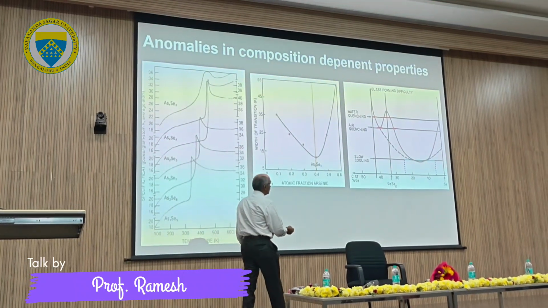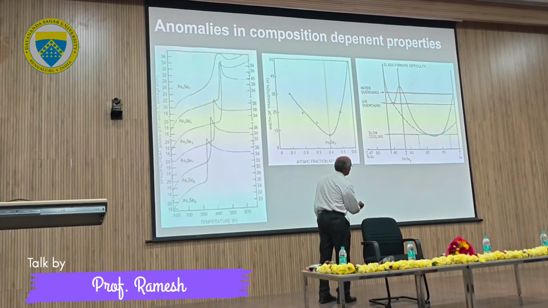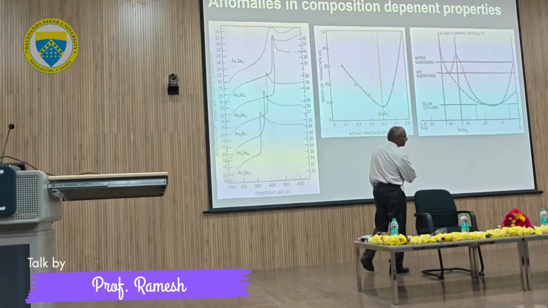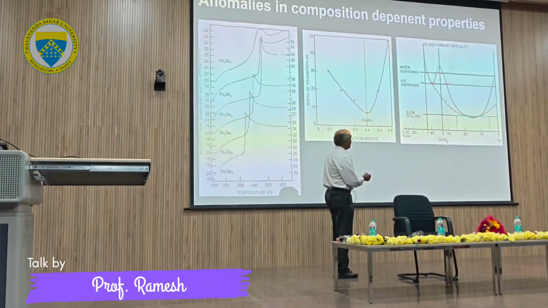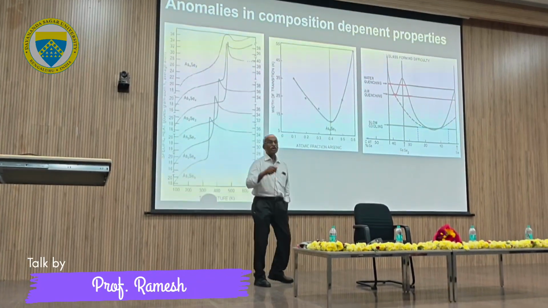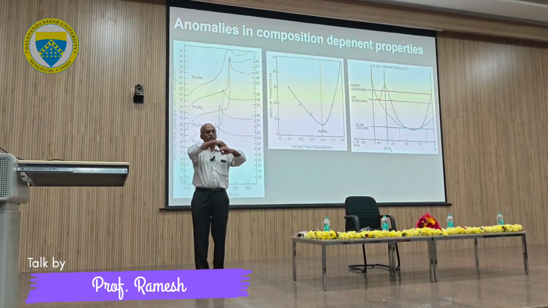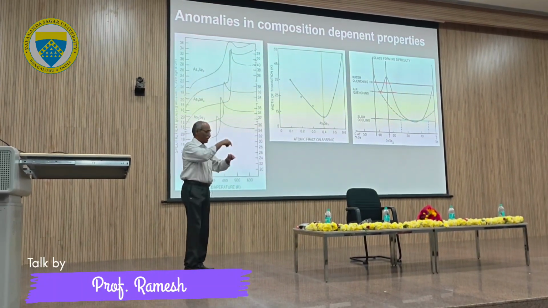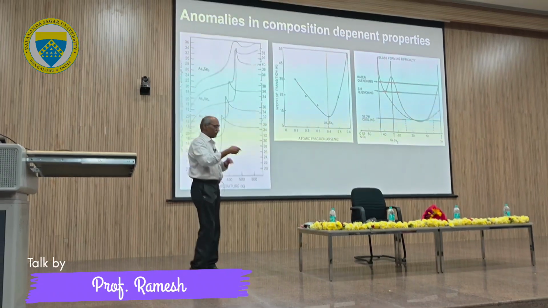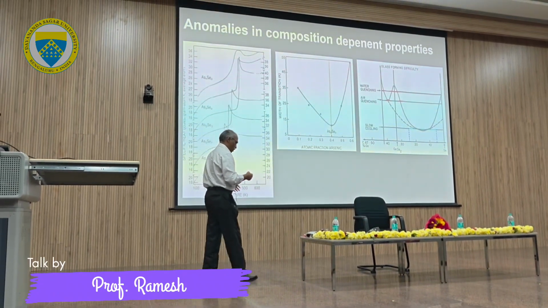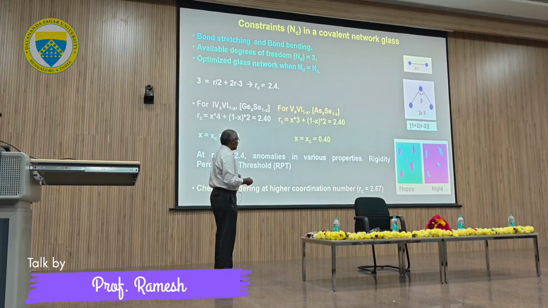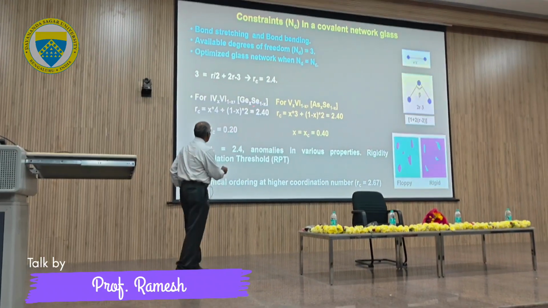You can see that at about 20% germanium, the glass formation is very, very easy. That 20% belongs to a particular coordination number. If you take germanium, the nearest neighbors, and if you take arsenic, how many nearest neighbors? The average turns out to be 2.4, right?